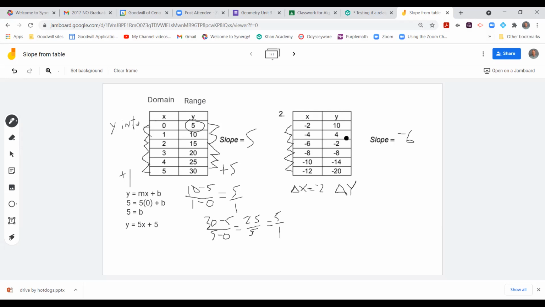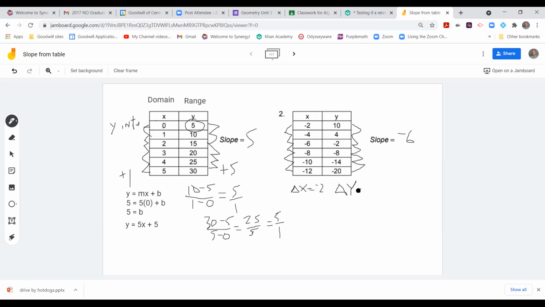Did you compare these two columns then, Tony? Okay, well, I'm beginning to wonder about your slope, because I see down 6, down 6, down 6, down 6, down 6.